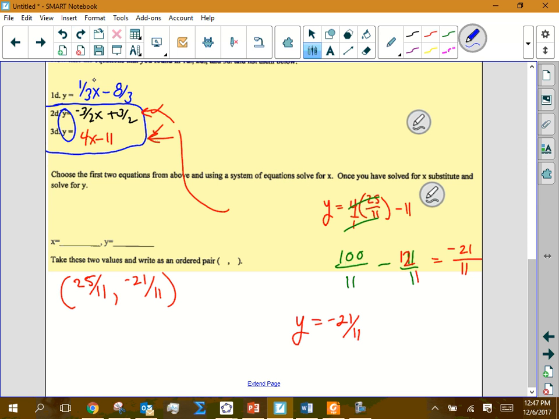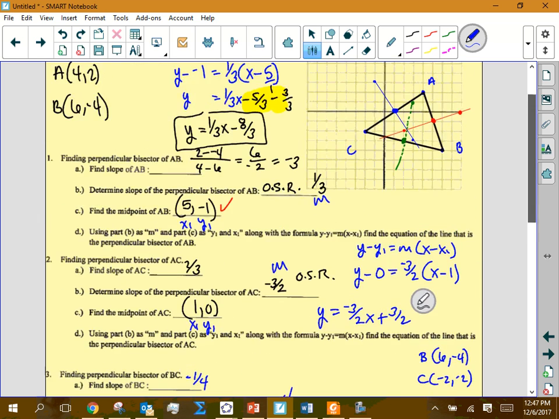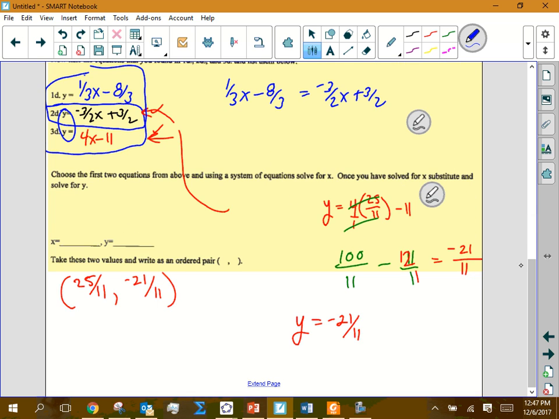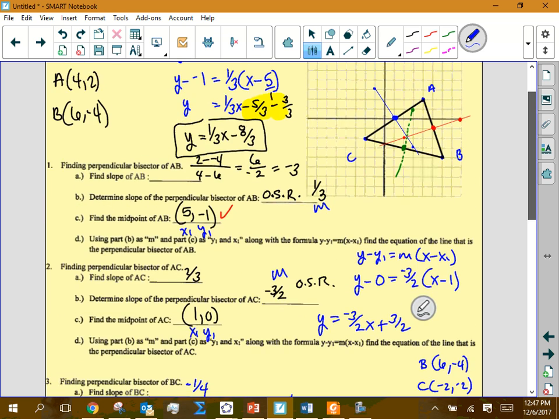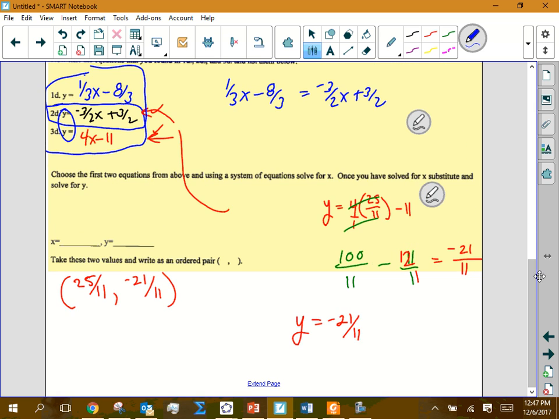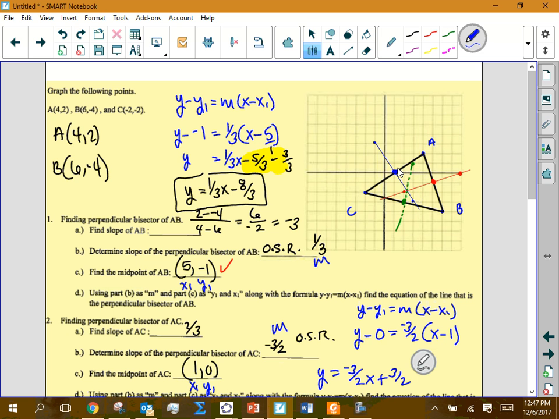Don't we know that these two equations better be equal as well? So if I take the top 1/3 x minus 8/3 and set that equal to negative 3/2 x plus 3/2, that is now looking at maybe I think it's the red line and the blue line, where we initially used the blue line and the green line.